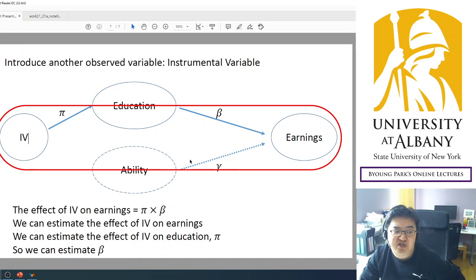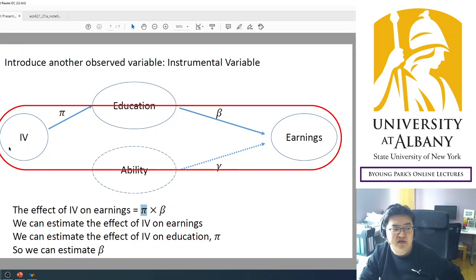So this is the only channel. The effect of IV on earnings can be explained only by this channel. There is no other way. And then what you need here is you can calculate this, and you can calculate this, because you observe IV, the new variable, and education.